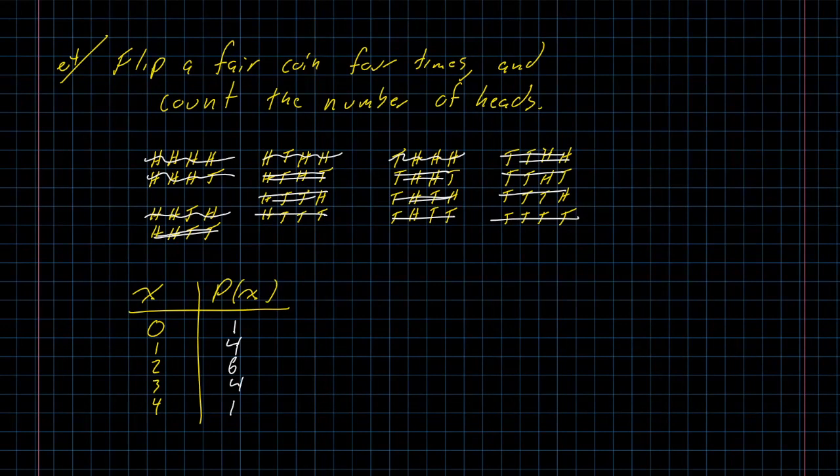So we can take this experiment, we can list out all the possibilities, and we can use that to write a frequency table, which we turn into a probability table by taking each of those frequencies and dividing by the total number of possible outcomes and reducing the fraction if possible.